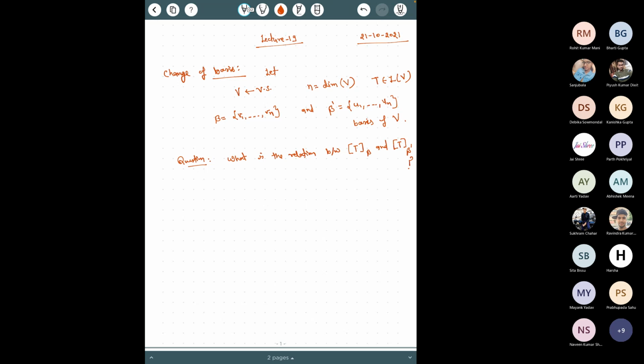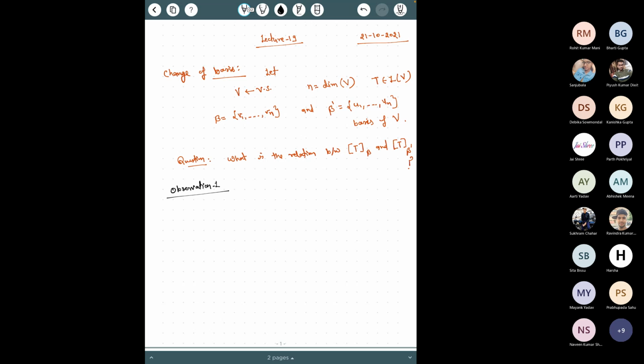To answer this, let us make this observation. Let's say observation 1. We have two bases of V. Suppose that I write one basis in terms of the other basis.